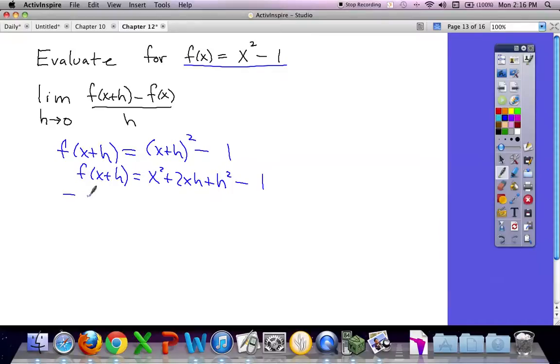Okay, now we need to subtract f of x. Right, well, f of x is x squared minus 1.